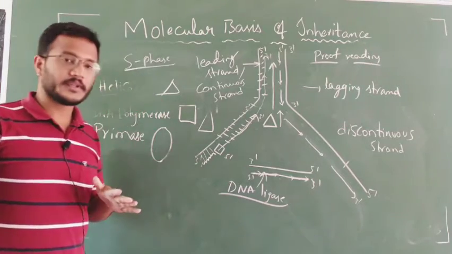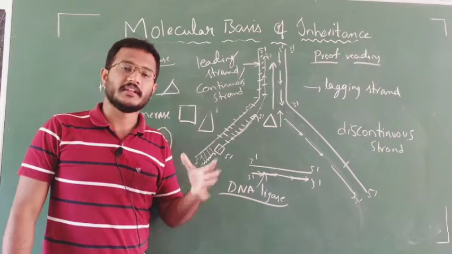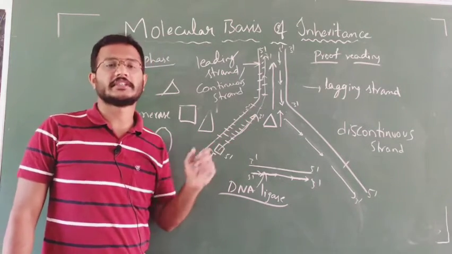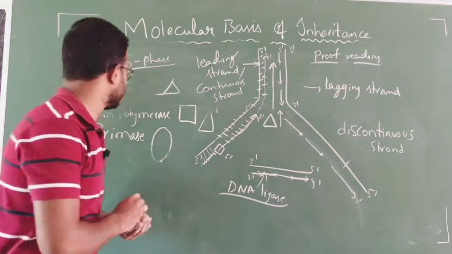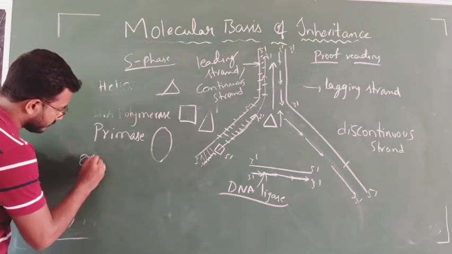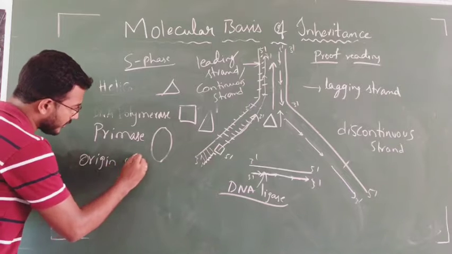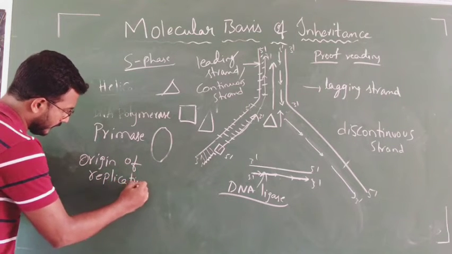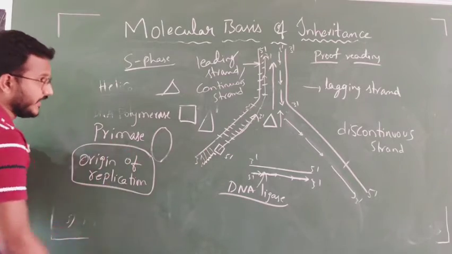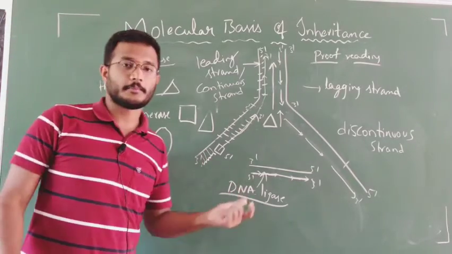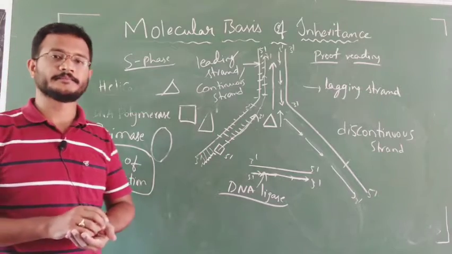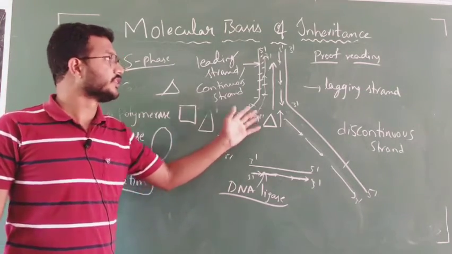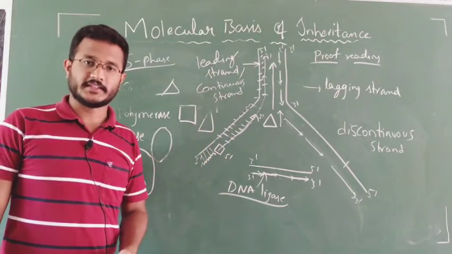And one more thing: the place in the DNA strand where exactly this process will be started is known as the origin of replication. This is the site where the replication process will be started. Then this will be continued and leads to the formation of new strands.